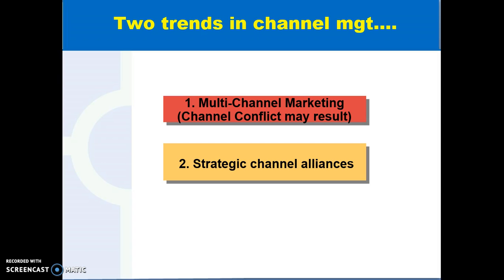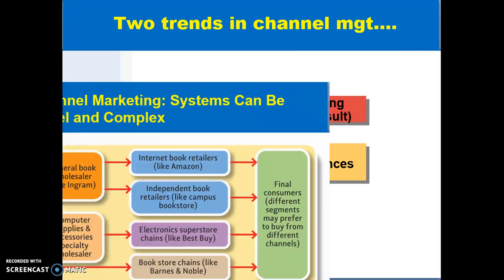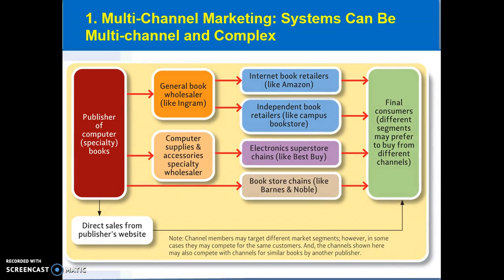The first is the issue of multi-channel marketing, where a company makes use of a variety of channels for selling goods, such as selling through consumer retail channel, through online intermediaries such as Amazon or Overstock.com, through business B2B channel, specialty stores, etc. The biggest problem with multi-channel marketing is the conflict that might occur between channels, and the company must find ways to solve such conflicts, as we discussed in the case of IBM and its dealers. So this is how a multi-channel marketing for computer books might look.